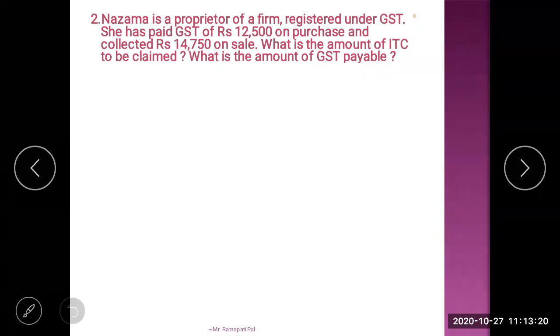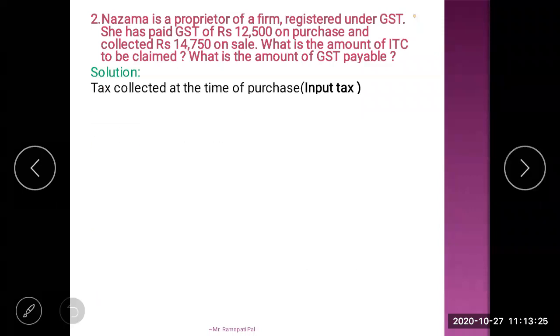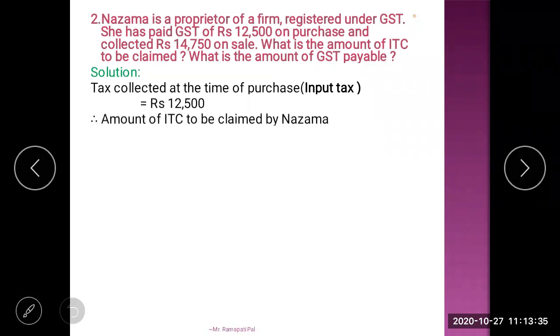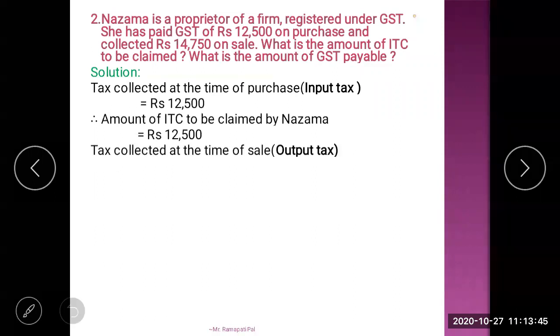Okay, very good. Many students have given the answer. Let's see in a proper way. Tax collected at the time of purchase is called input tax, and that is 12,500 rupees. The amount of ITC to be claimed by Nazma is rupees 12,500, same. Tax collected at the time of sale is called output tax, that is 14,750.